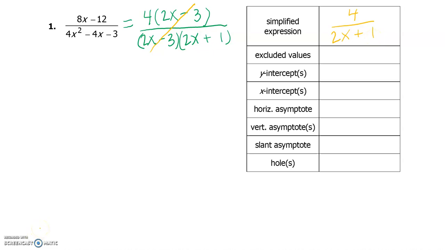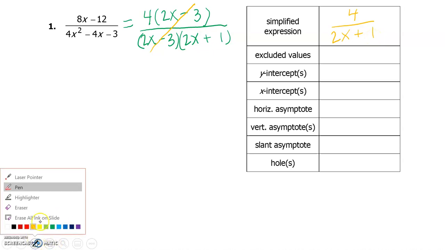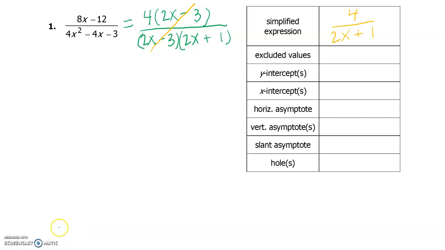So whenever I'm looking to answer these questions, I really do want to keep using the original problem, because the simplified one, while it will have a similar graph, we would be excluding this factor that canceled, so we still always want to look at the original one. So we know the excluded values come from when the denominator is equal to 0.